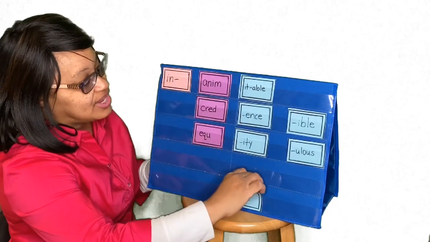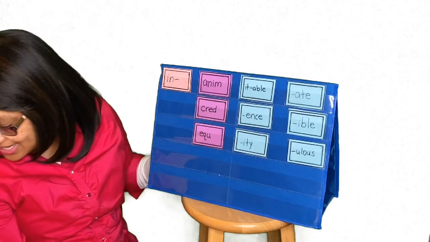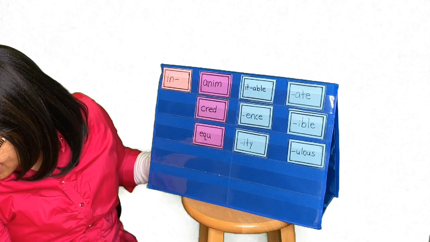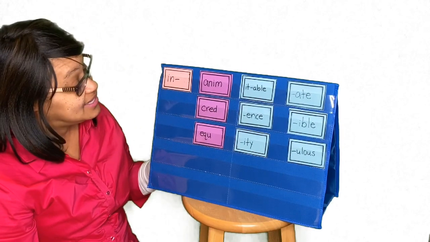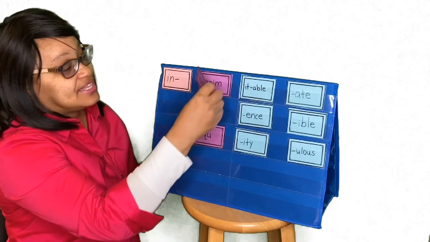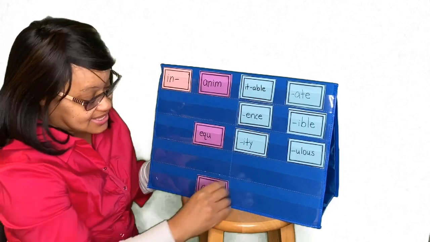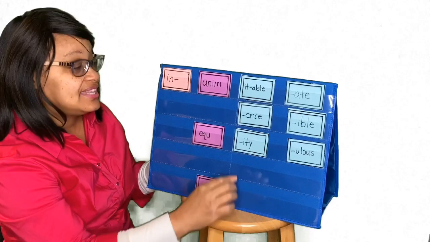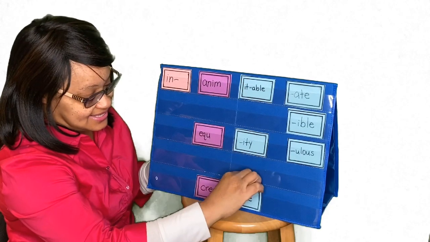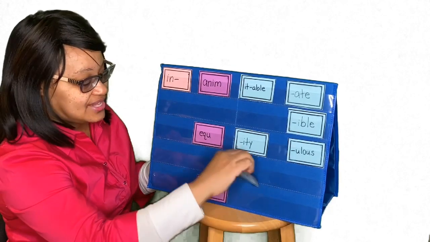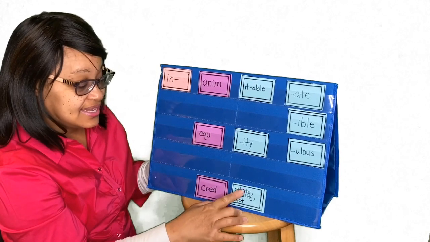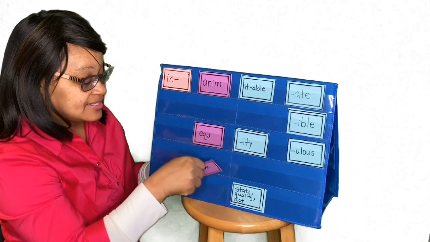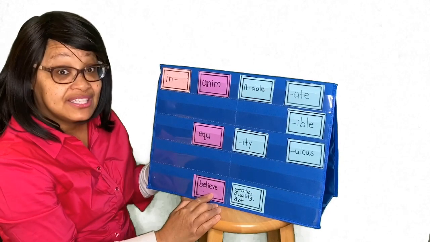Okay, let's try another one. We have credence. So we have cred. In this case, it's going to come out as cred, so we need the N. Credence. And credence is the state, quality, or act of believing.